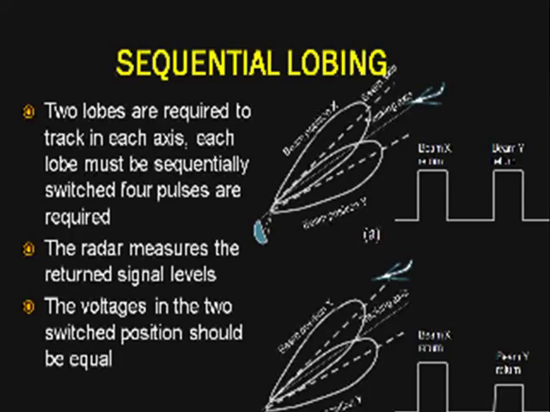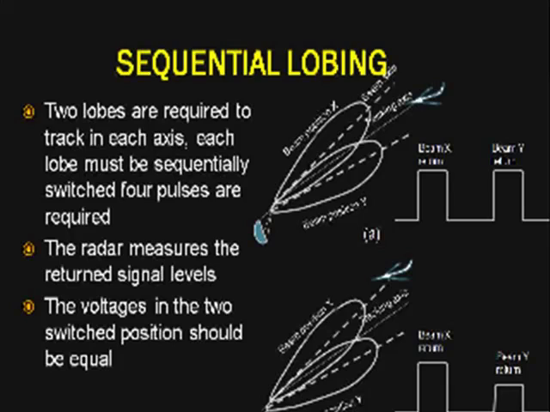Then if there is any mismatch between target direction and the tracking axis, as you can see, the beam A is closer to the target, whereas the beam B is a bit far off. So the return signals, if you try to look at, there will be disparity.